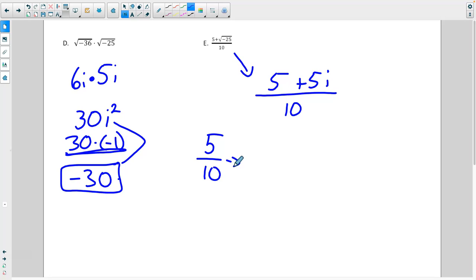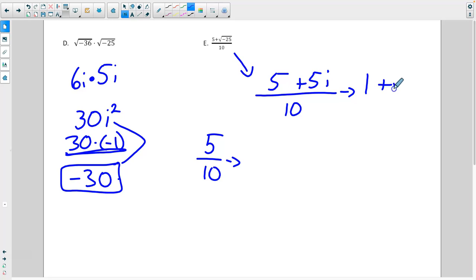Now, what I need to check, though, is I can divide 5 by 10 for the first portion. And then I look at the next portion, because I have to be able to divide both of them by the same thing. So I can divide 5 by 10 as well. Now, if this was 7, I'd actually just leave this as my answer. If this was 3, I would leave it as my answer, because I'm not really reducing anything. But since I can reduce it, this reduces to, and there's 2 ways of writing it.